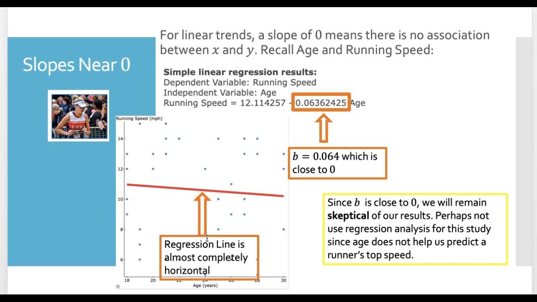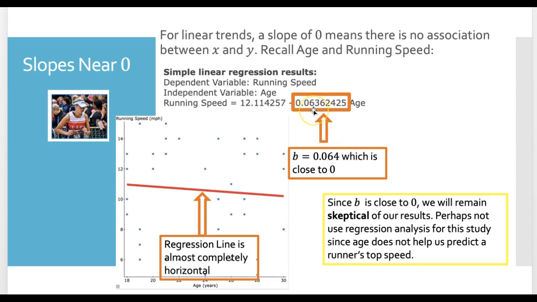Some warning signs here: if we look at the scatter plot with the fitted regression line, this regression line is almost completely horizontal, meaning that the slope is very close to 0. So in our interpretation, there's not that much of a change.